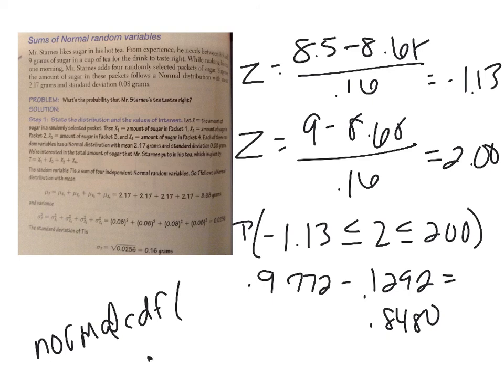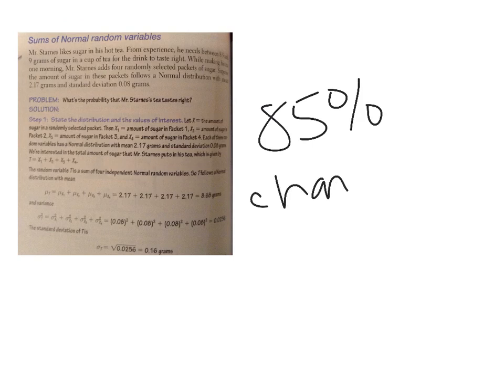When I do it on my calculator, I should get about 0.8470. Okay? And then step 3 is to actually answer the question. So the actual answer is that there is about an 85% chance that his tea tastes right.